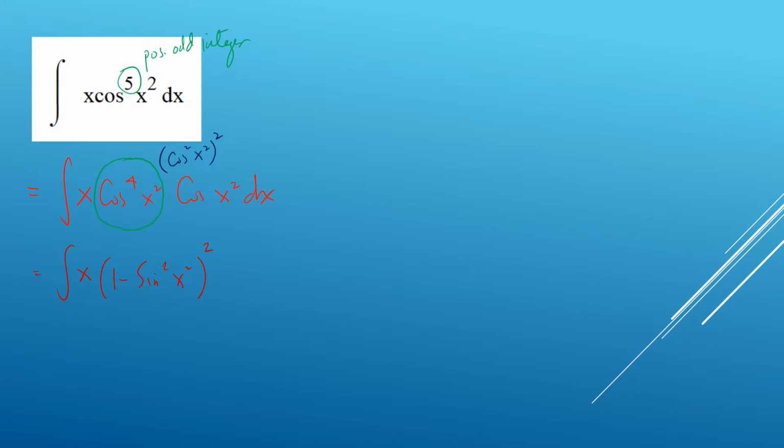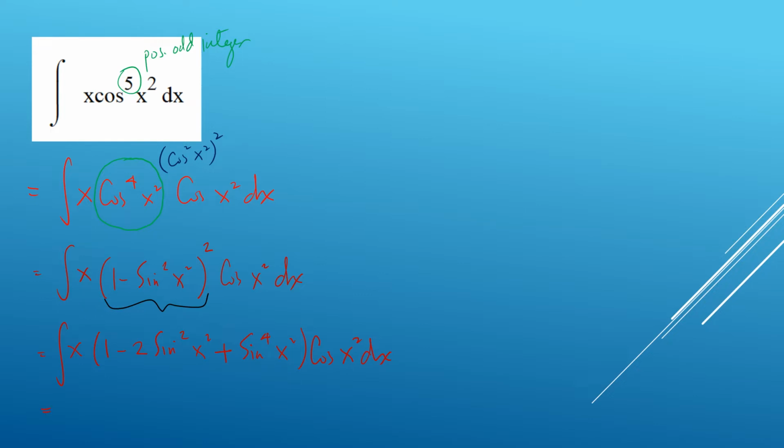No? Cosine squared x squared is 1 minus sine squared x squared, everything to the power of 2. Then cosine of x squared dx. For this part, we expand. So x times the quantity 1 minus 2 sine squared x squared plus sine to the fourth x squared, times cosine x squared dx.